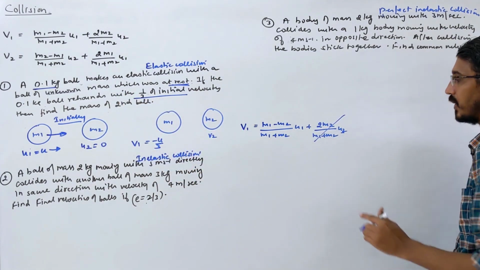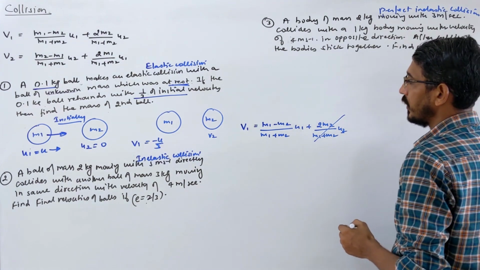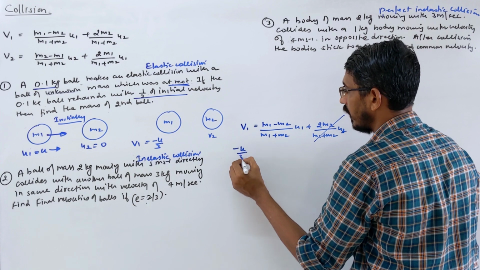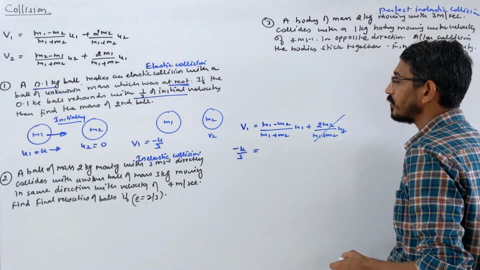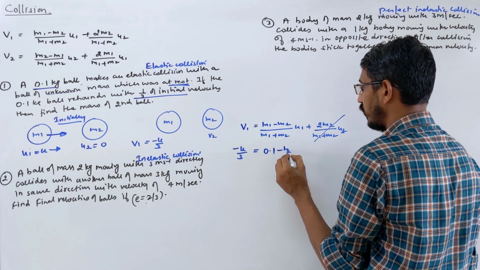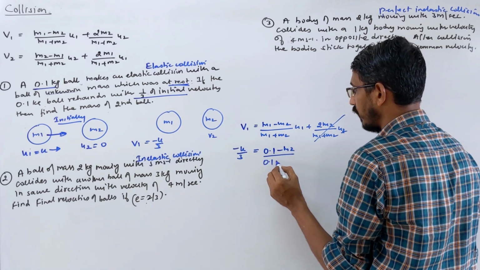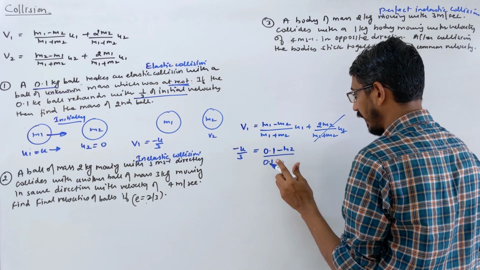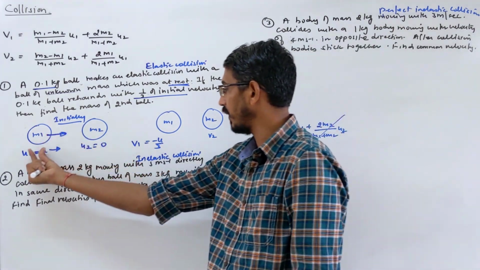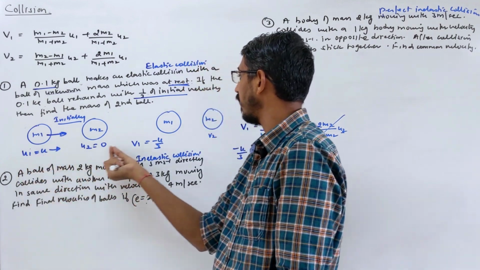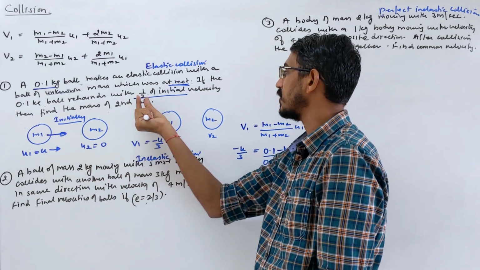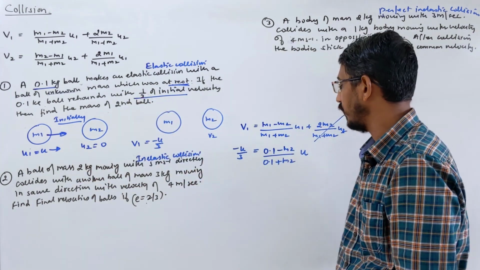Then v1 is given as minus u by 3. m1 is also given, the first ball 0.1 kg, minus m2 which we have to find, by 0.1 plus m2, and u1 is u. The initial velocity of this ball we call u. The final velocity, since it rebounds, is in the opposite direction and is 1/3 of the initial, so I wrote u by 3.